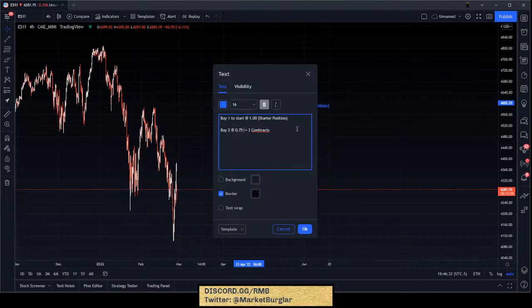The reason why I'm buying 2 contracts instead of just one and doubling my position size, on the second scale in, is because if I were to just buy an additional contract at, I'm actually going to say this is 80, my average would be 0.9, right?